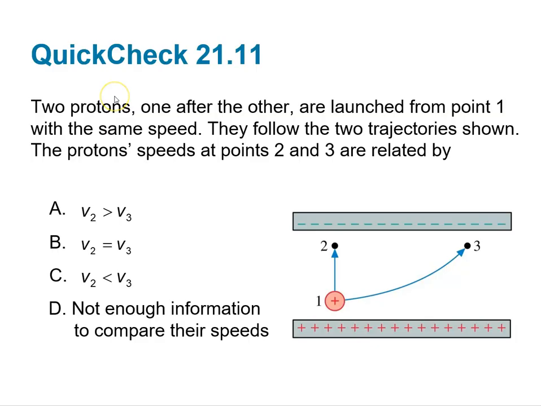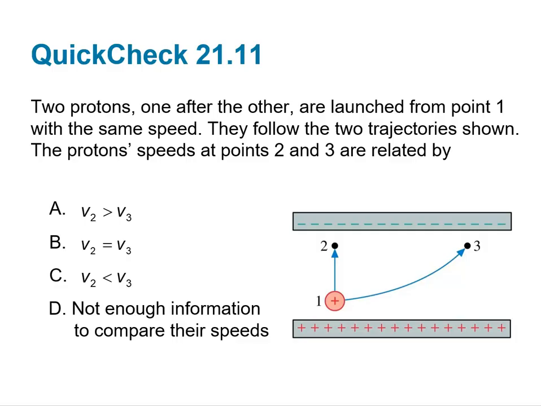Okay, so two protons, one after the other, are launched from point 1 with the same speed. They follow the two trajectories as shown. And it says the proton speeds at points 2 and 3 are related by. All right, so in going from point 1 to point 2 or point 1 to point 3, the change in potential energy is going to be the same. Think about this as when we talked about how potential energy changed in the last chapter.